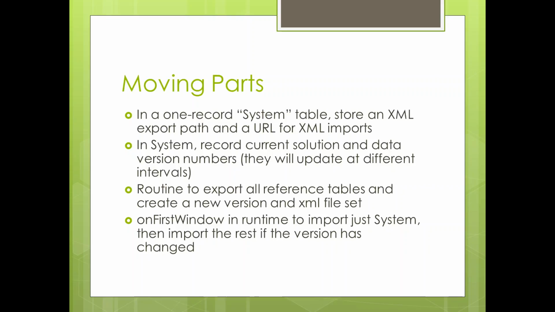First of all, it checks the system version, or the solution version, and says, are you using a viable copy, to make sure they're not using some super old copy that they shouldn't be using anymore. And then it says, am I on the right version of the data? And if they're not on the right version of the data, it downloads the rest of the tables and updates all its reference tables.